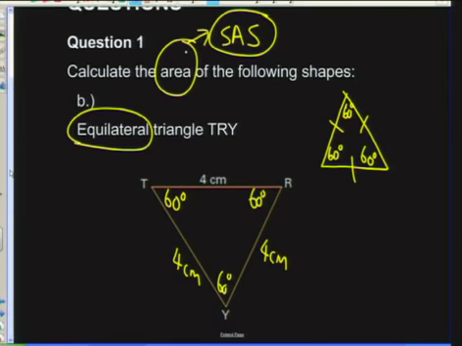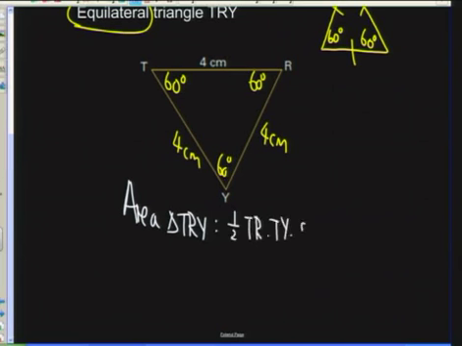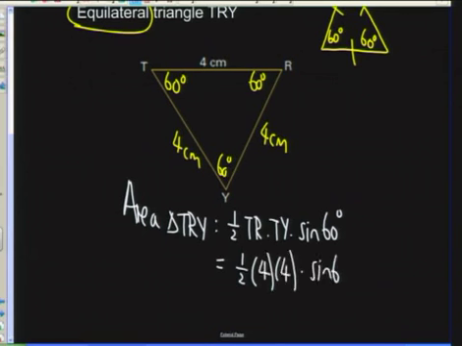Okay, so writing up the area rule, the area of triangle TRY will be a half of TR times TY times sine 60. And so that would be equal to a half of each side times the included angle.